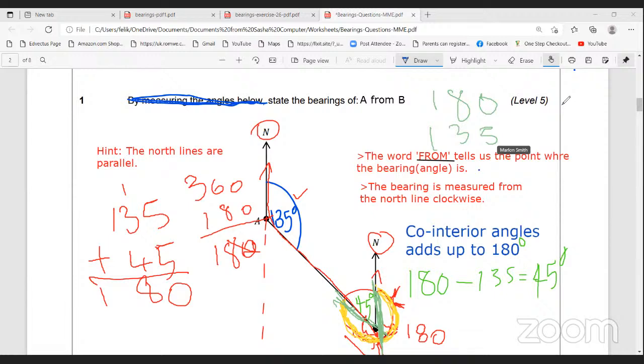Marlon, that should have been mental. Take that off my screen. We're not working that out for anybody; we're not showing any working for mental maths. Miss, 315 degrees.